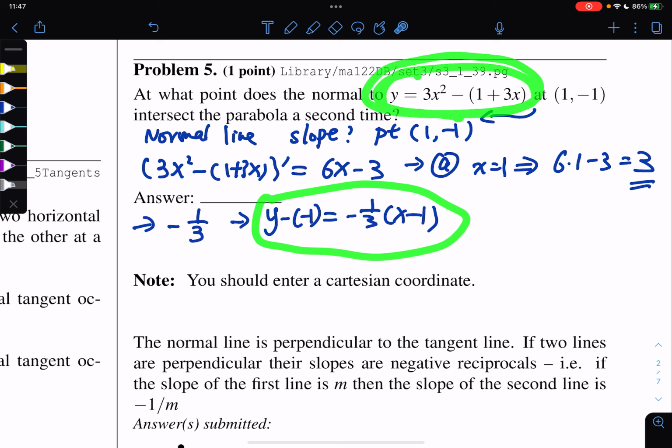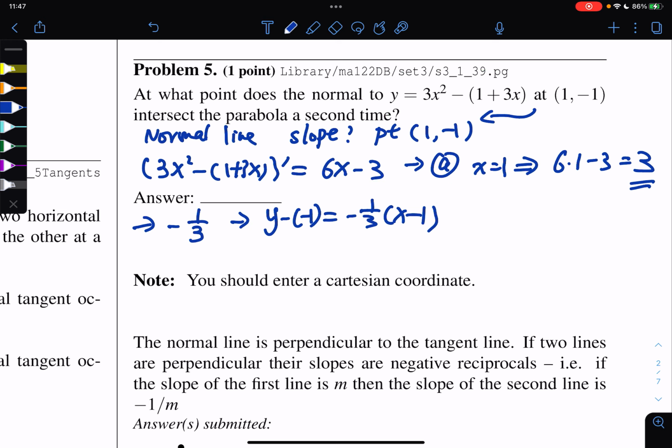It should intersect with my curve, so two of them should be satisfied simultaneously. So I should have y equals 3x squared minus 3x minus 1. So I have a system of equations with two unknowns, so I should solve both of them simultaneously. Well, the second one equals y, so I can make the first one look slightly prettier.